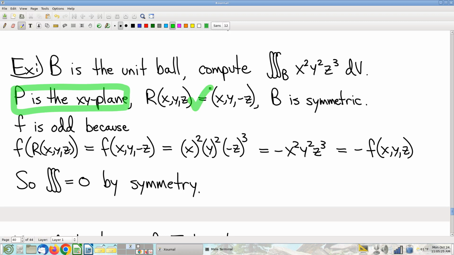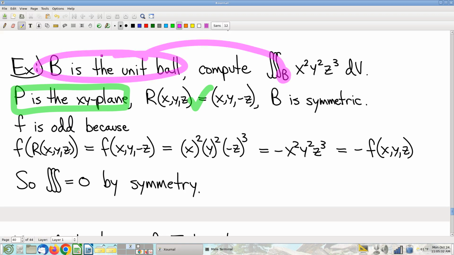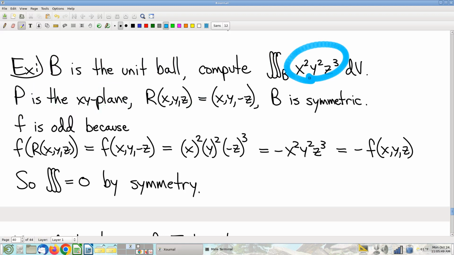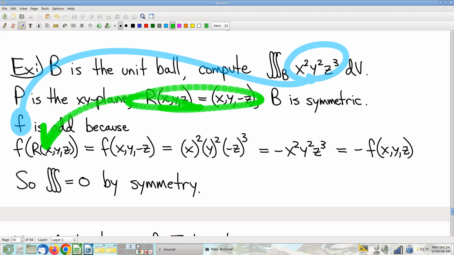There's my reflection. The domain, being a ball centered at the origin, is clearly symmetric through the XY plane. No problem there. No explanation required. Again, it's a ball. It has all the symmetries. The function here is odd, because I can explicitly plug in the reflection into that function.